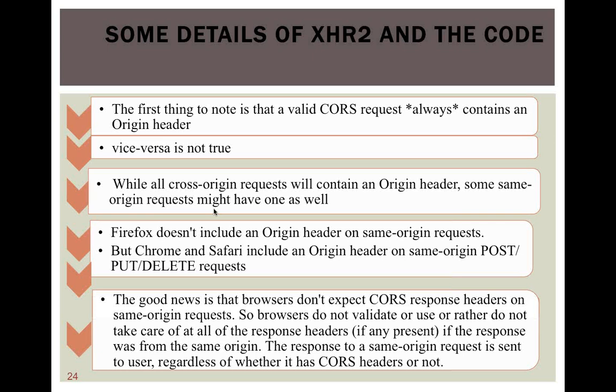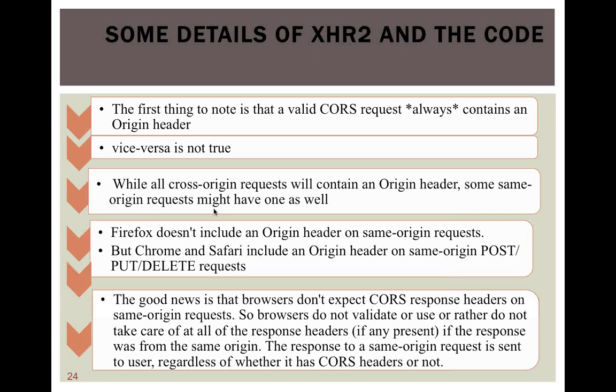Whenever you send a particular request for XHR, the most important header that gets sent along with the other general HTTP request headers is the origin header. The origin header is what determines from which origin domain the request is coming.